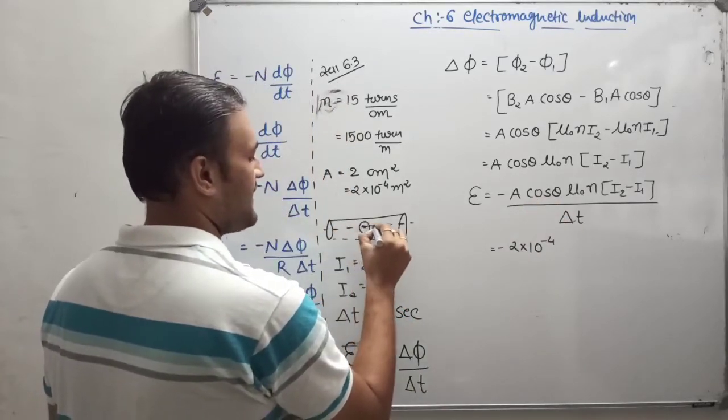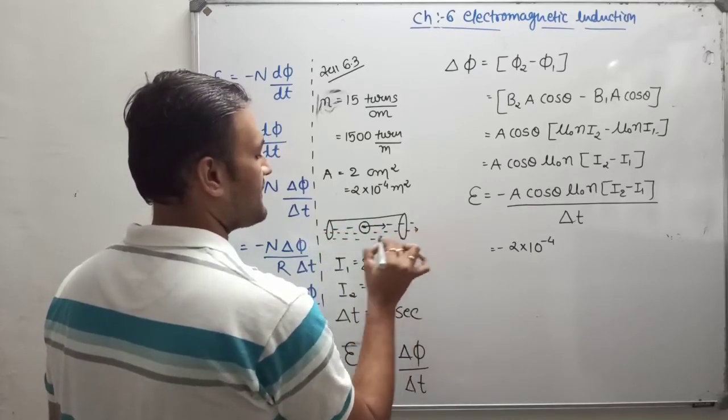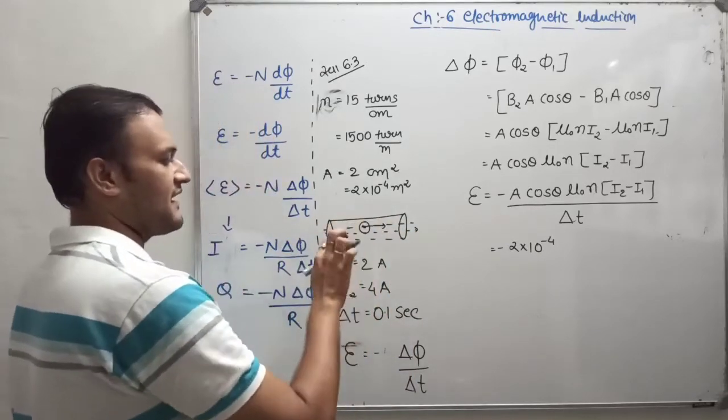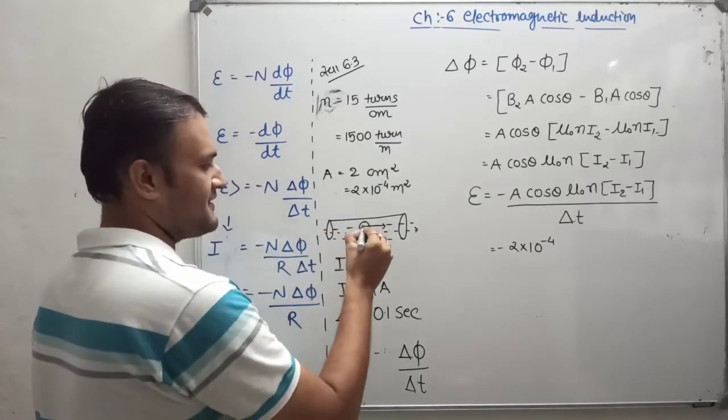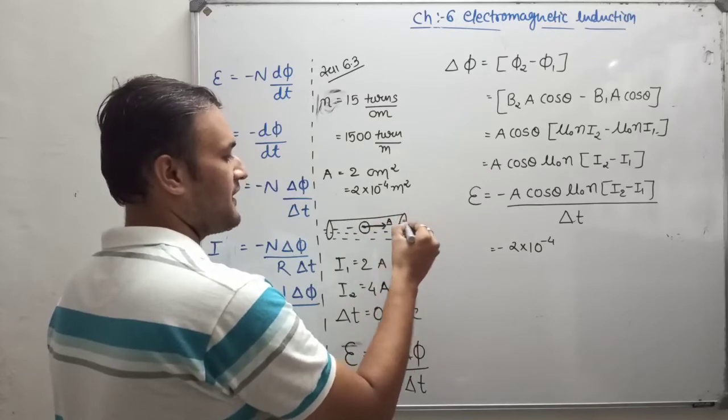It means its area vector is normal to the axis. We know that inside the solenoid the magnetic field is in this direction, parallel to the axis. The axis is parallel to the normal, it means the angle between A and B will be 0.